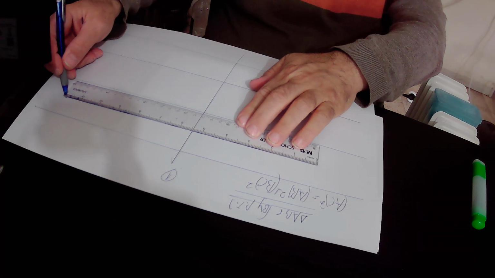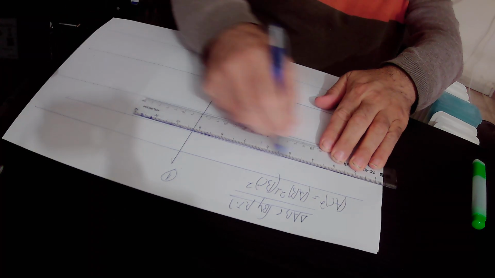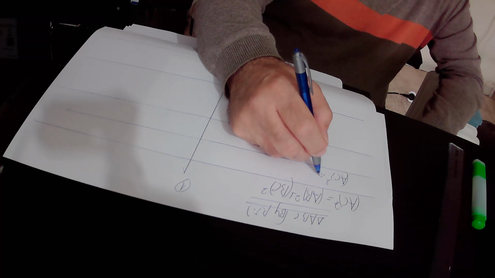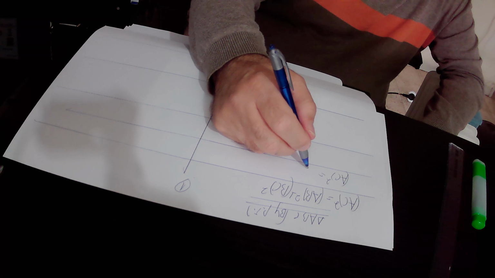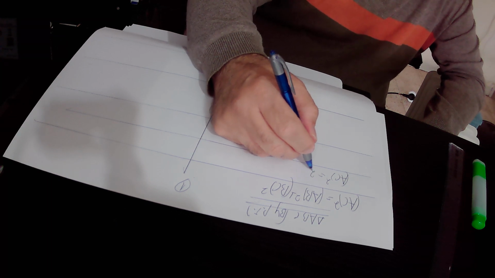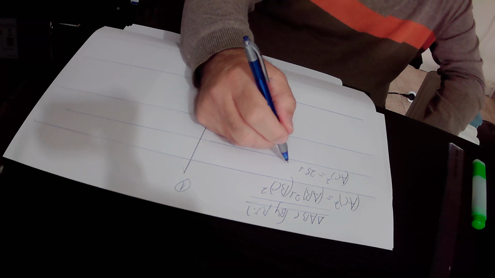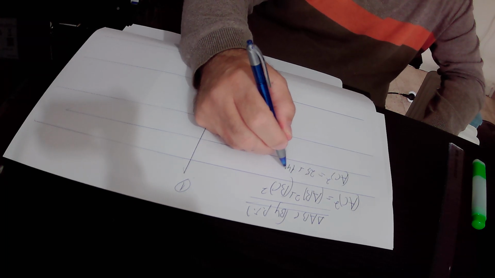AC square equals AB square. AB is 5, therefore AB square is 5 squared, that is 25, plus BC square. BC is 12, therefore BC square is 12 squared, that is 144.